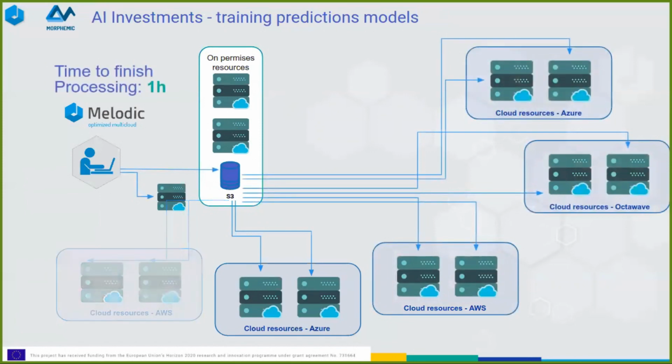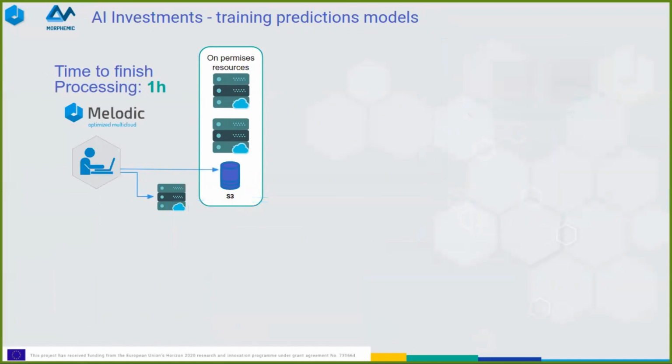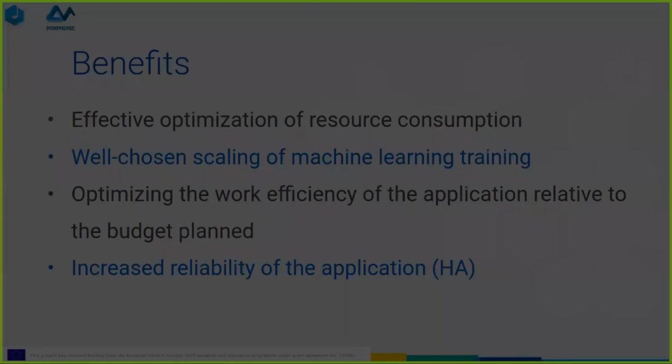If it's still too long, new resources are added until the estimated processing time is 1 hour or below, as assumed in the business goal. After the training finishes, all of the cloud resources are removed to save cost. All results are stored. It is a very simple use case, but it is very powerful.